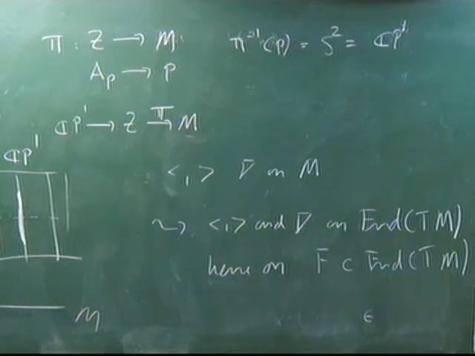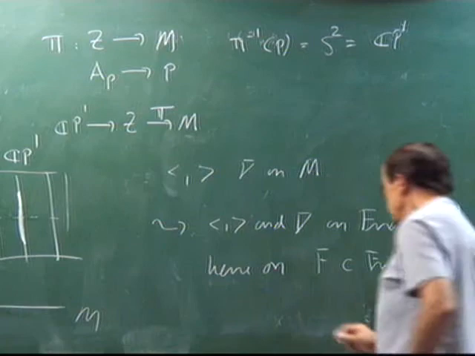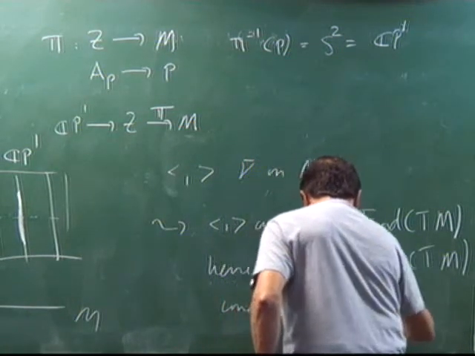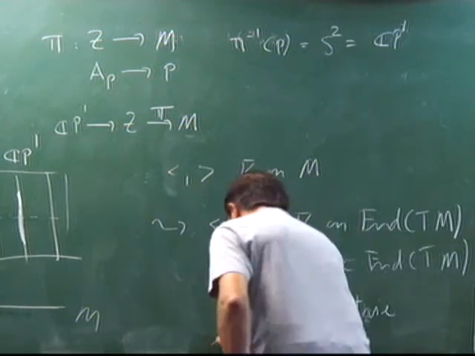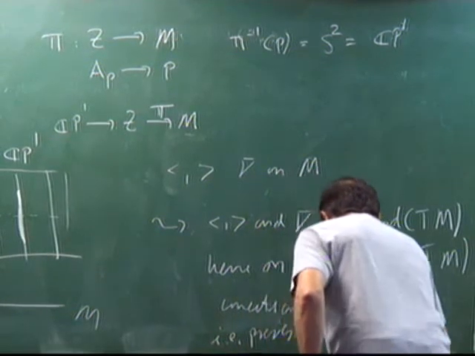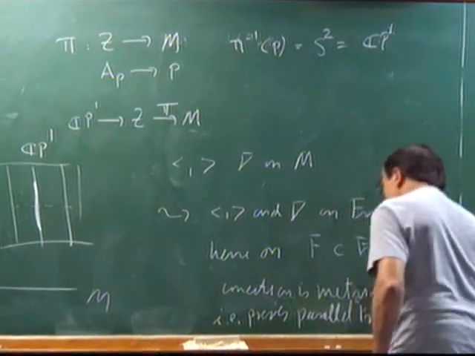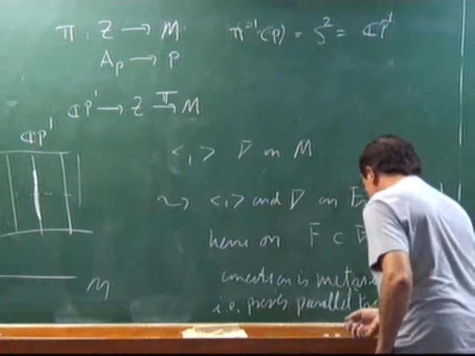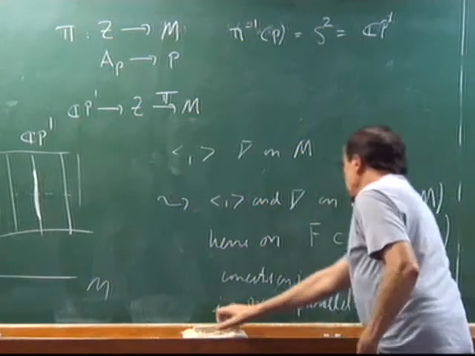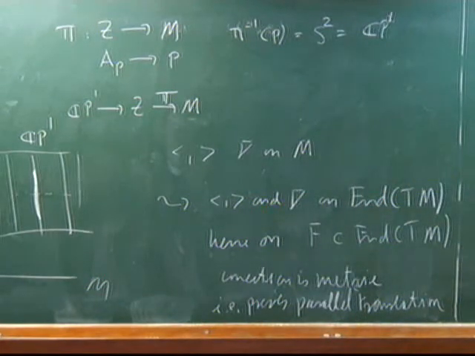So in general, one might have to project into a subbundle. Here, I don't have to do that. There's a very natural metric on it, a very natural connection, and the connection is metric, i.e. preserves the metric. Parallel translation has symmetries. So that I have always, on the whole tensor algebra, a natural induced connection.